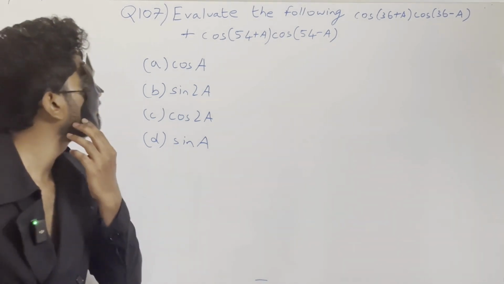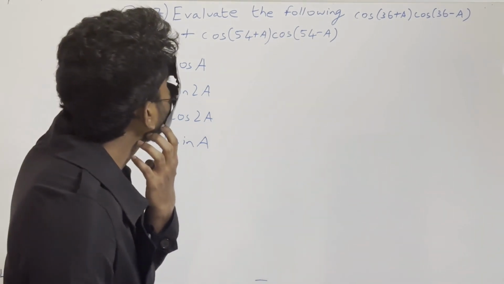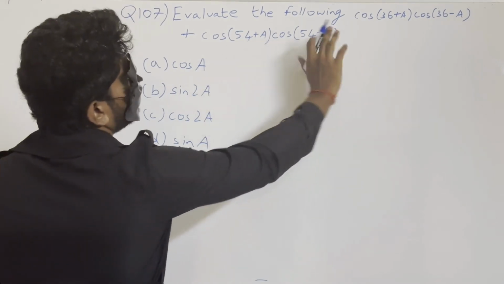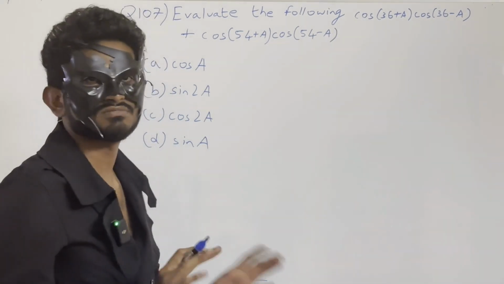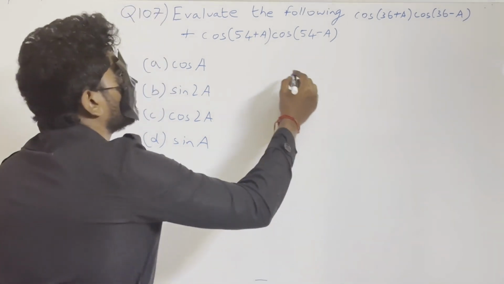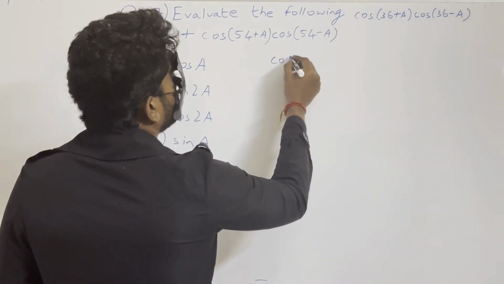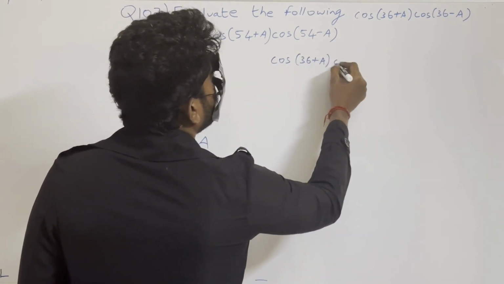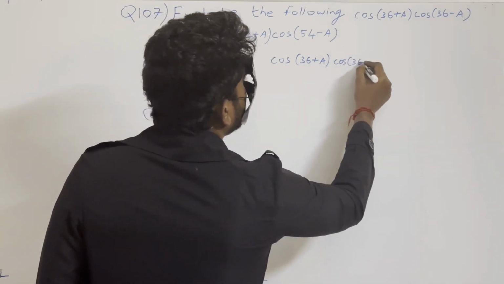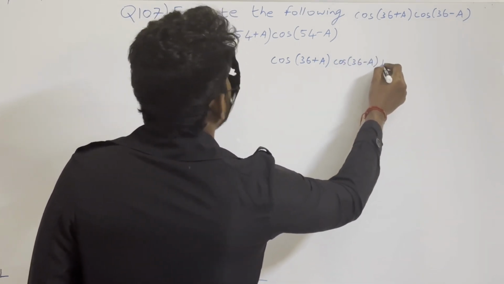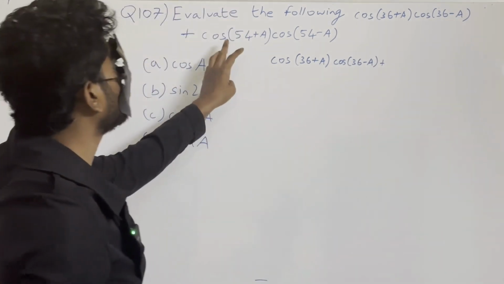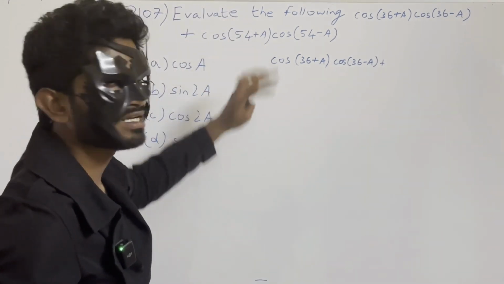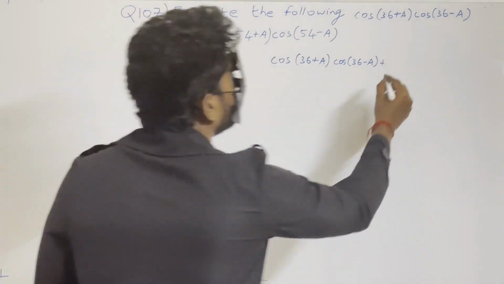So here what I can see is this 54 and 36 are adding up to be 90, so there must be some relation there. So what I will do is I will keep the first part as it is, that is cos(36 plus a) into cos(36 minus a) as it is, plus this I can write as sin(90 minus this angle), right, because sin(90 minus theta) is nothing but equal to cos theta.